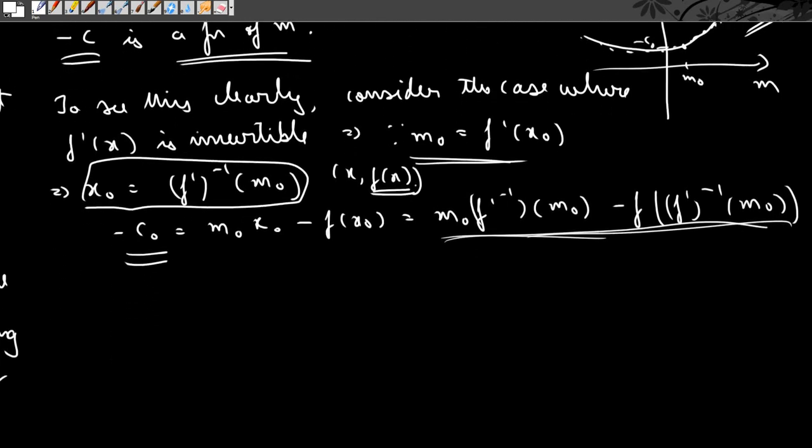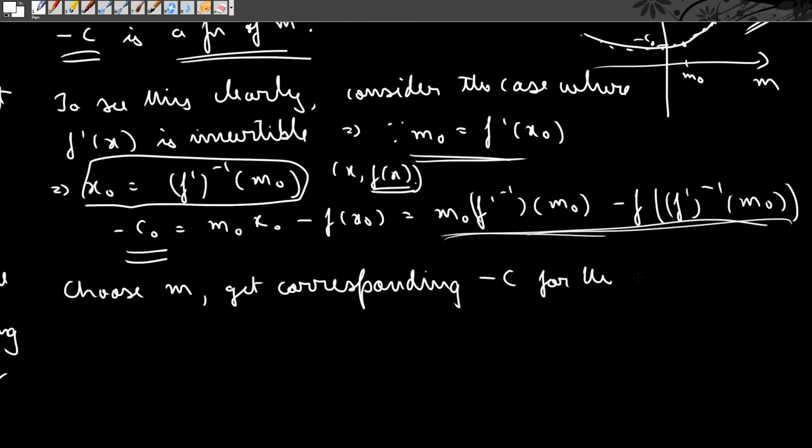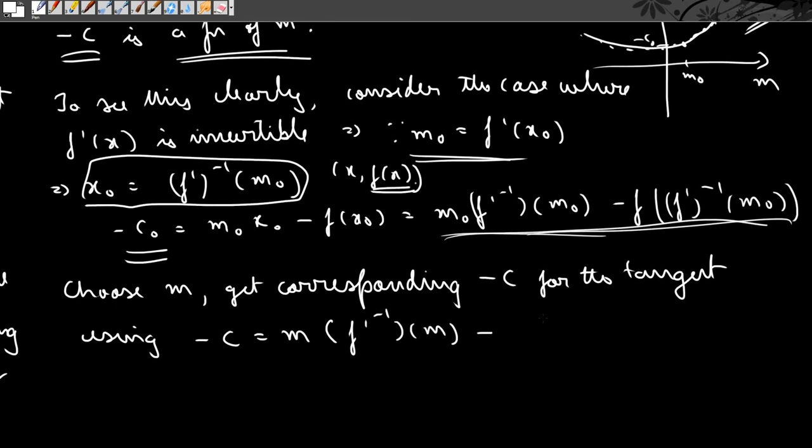So the procedure is we choose a particular m, and get the corresponding minus c for the tangent using minus c is equal to m into f dash inverse of m minus f of f dash inverse of m.